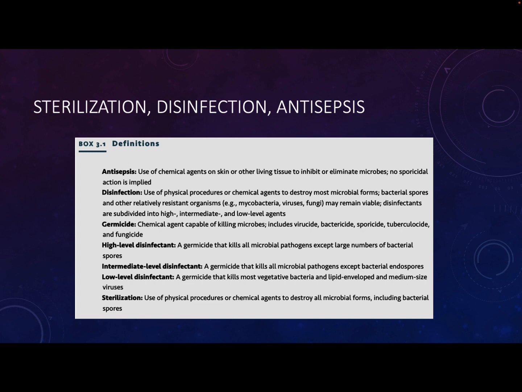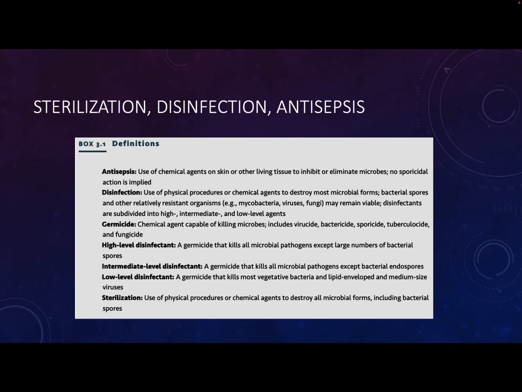Sterilization is totally different. Sterilization is the complete removal of all microbes, including bacterial spores. And here we typically do that through autoclaving. So any solution or any substance that won't melt or catch on fire, we can sterilize through autoclaving.